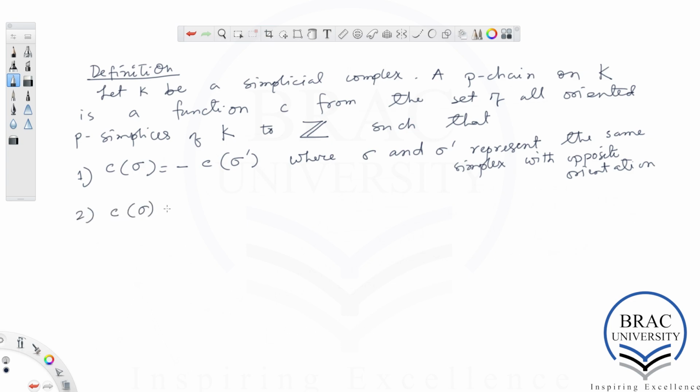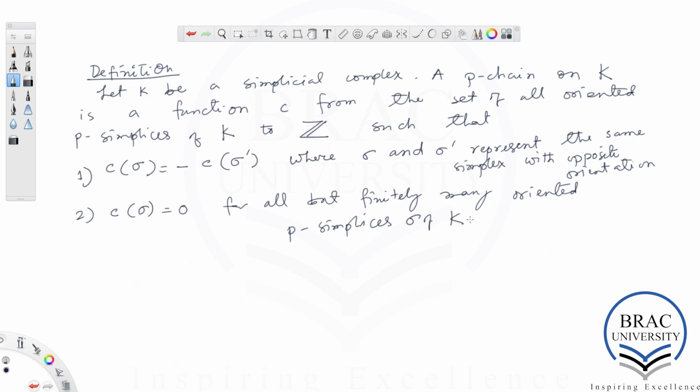C of sigma is equal to 0 for all but finitely many oriented p-simplices sigma of K. Which means that C of sigma is non-zero only for finitely many simplices of K. Elsewhere, C of sigma is 0.